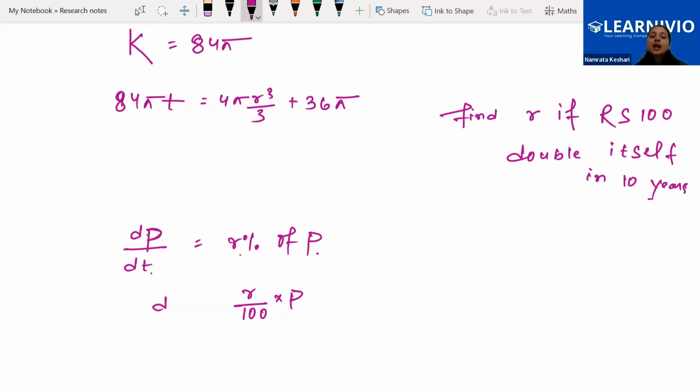If we had applied negative, that means it is decreasing. So we don't have to worry about the increasing part; we understand positive means increasing only. So we send P to the other side and dt to this side.